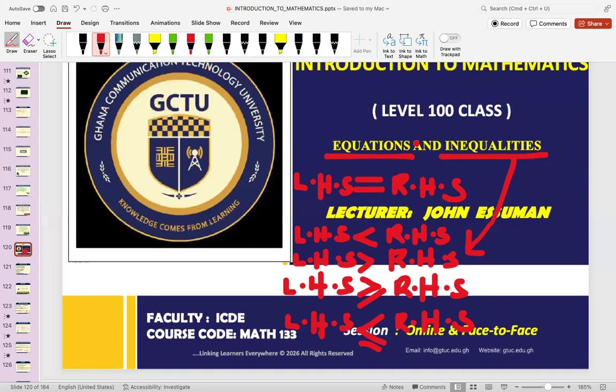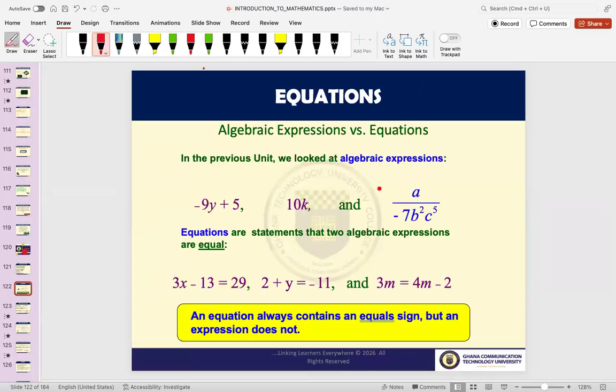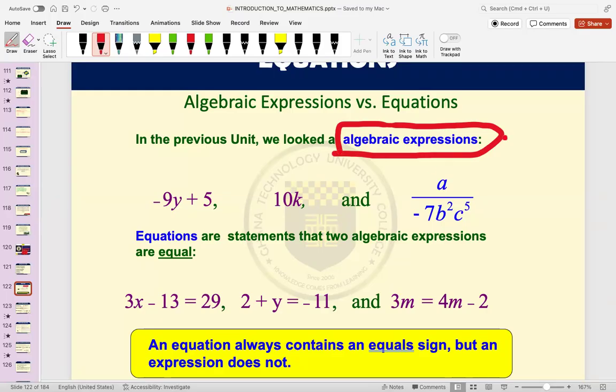So let's start gradually with the equation. Now that you understand the basics of an equation, let's see how equations are formed. So equations are formed using something we know already called algebraic expressions. If you remember my definition for algebraic expressions, it's a combination of alphabets and numbers.